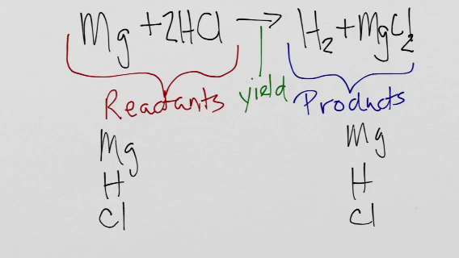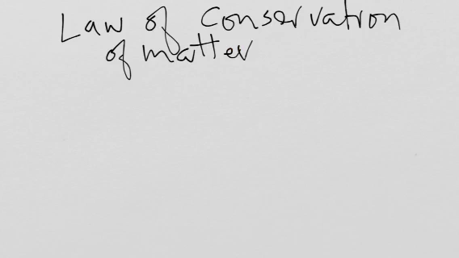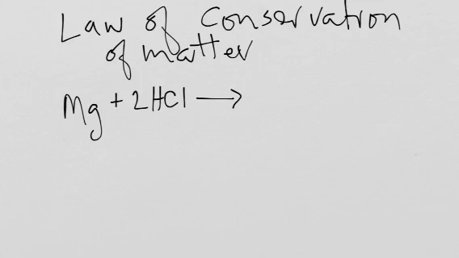So in this case, if we look at this actual reaction again, we go magnesium plus HCl yields H2 plus magnesium chloride, and there's 2 of those little guys.